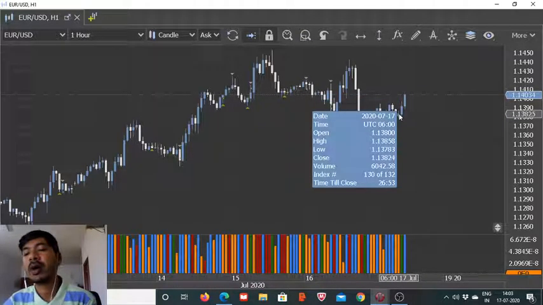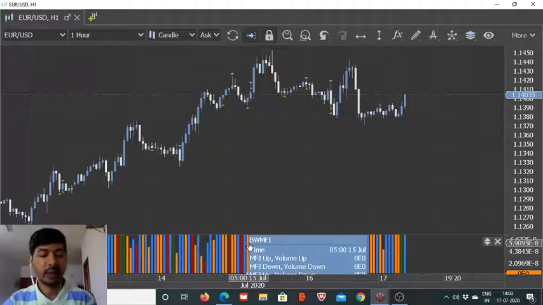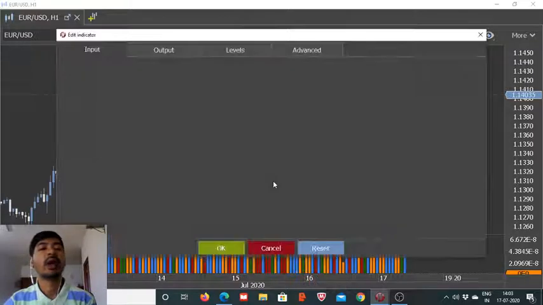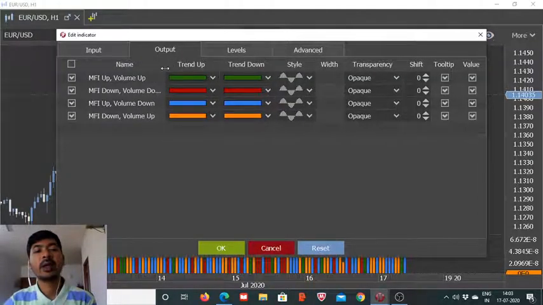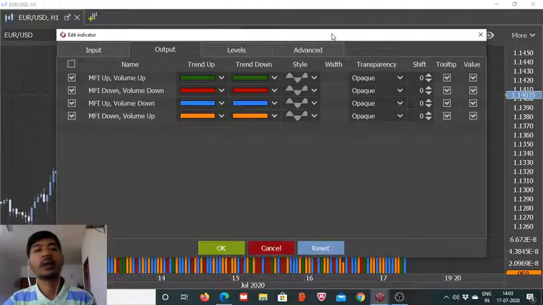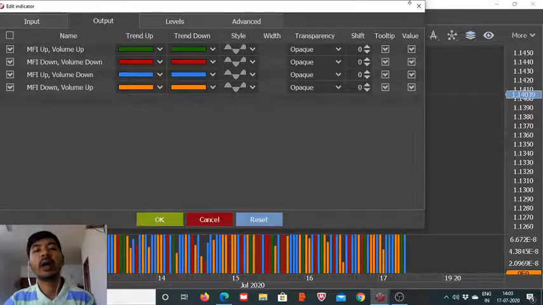Before that, we had this yellow bar, and we have to see the color-coded combination here. The yellow bar stands for MFI going down and volume picking up.